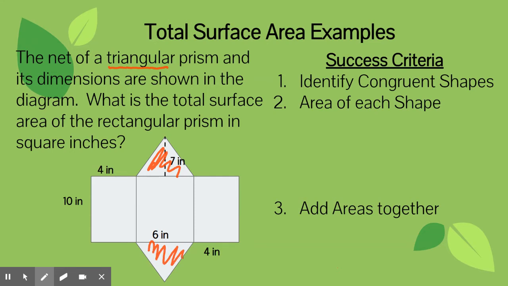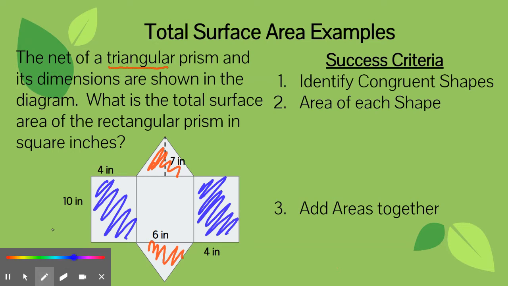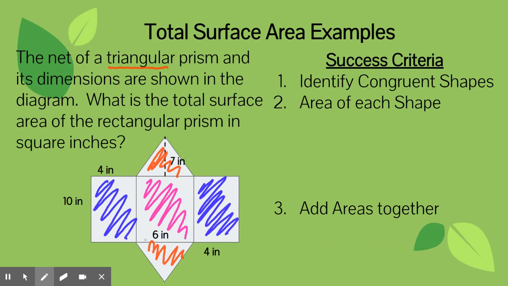And then what is the total surface area? Let's see. Blue, that's 4 by 10. That's 4 by 10 as well. And that's 6 by 10. So that's going to be a different color all on its own. So let's use pink so we can see it. So I know I'm doing 6 times 10 for one of them.